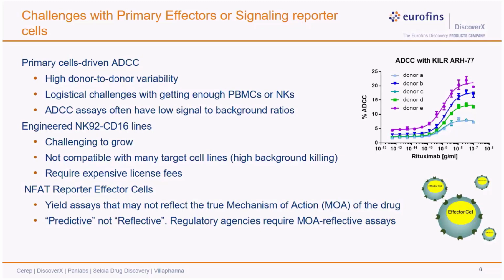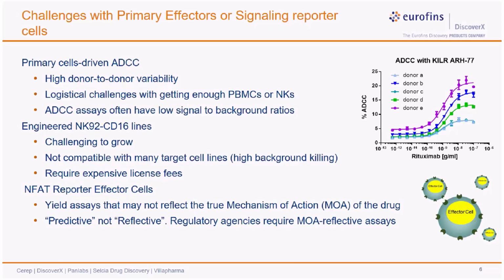The second is being able to get enough of these primary cells from one single draw from an individual donor. There is always a limited number of cells that can be isolated from one draw. Lastly, the effector cells isolated from primary cells often produce low assay windows in ADCC assays. In other words, the killing activity of these effector cells is not very potent.